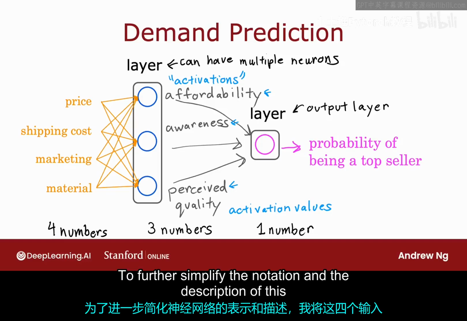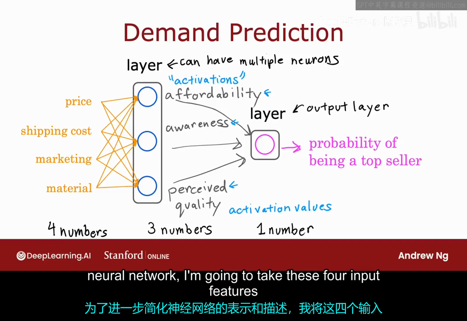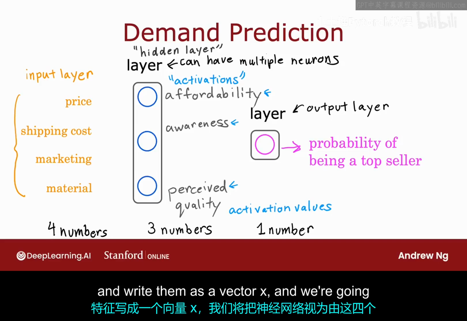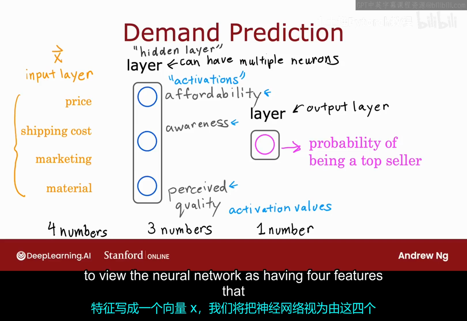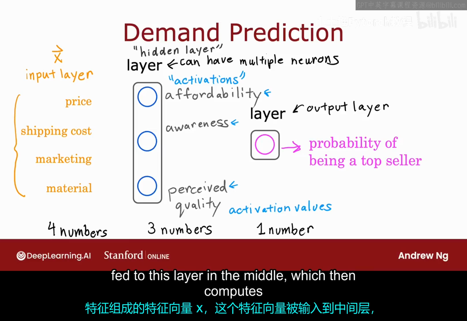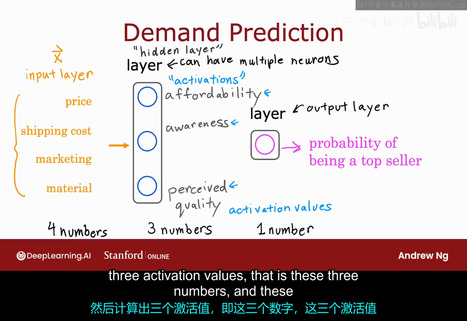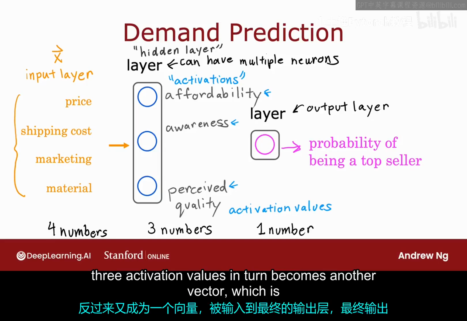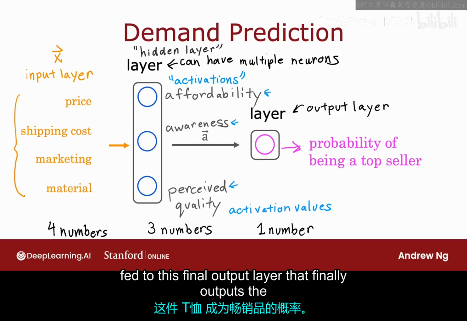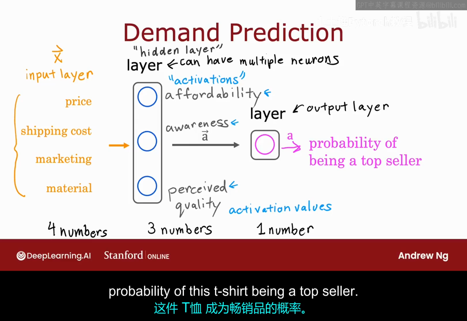To further simplify the notation and the description of this neural network, I'm going to take these 4 input features and write them as a vector X, and we're going to view the neural network as having 4 features that comprise this feature vector X. This feature vector is fed to this layer in the middle, which then computes 3 activation values, that is these 3 numbers, and these 3 activation values in turn become another vector, which is fed to this final output layer that finally outputs the probability of this t-shirt being a top seller.